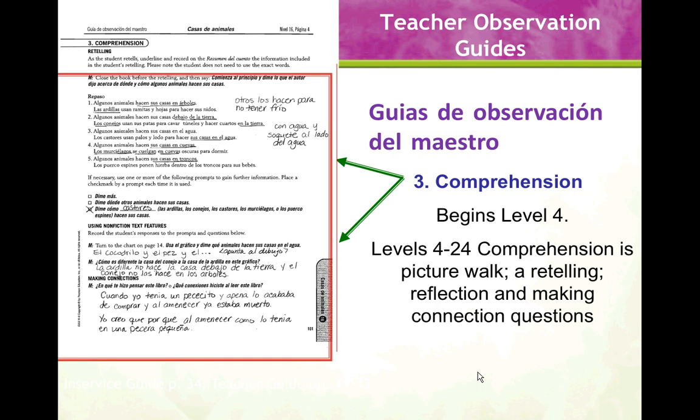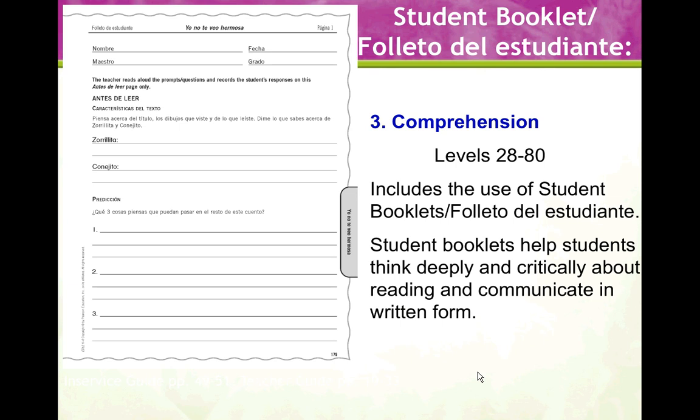In the comprehension piece, you start off with a retelling and a reflection. As you can see here, the teacher is documenting what the child is saying, and we make connections to the story at the end. The higher levels are a written format, and the students are to look at the text, answer the questions in writing in this Folleto del estudiante, which is the student's booklet.